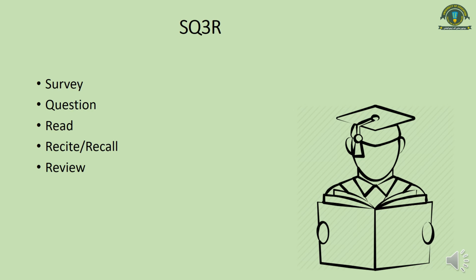Then we watch the movie and we get the answers to the questions. Then we recall that. Recalling means you watch your favorite scene from the movie and then you are able to review it. You can recommend it to your friends, that it is worth watching or not. In the same way, the method SQ3R works for reading of books.